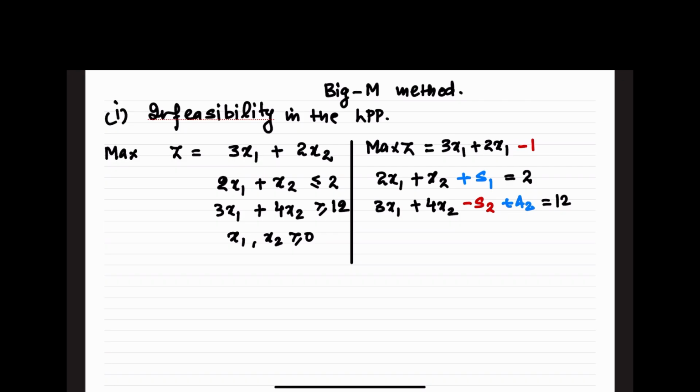So minus M into a2, minus, because the problem is a maximization, so that is why we put a minus. The variables xi's are non-negative, si's are non-negative, a2 is non-negative, M is positive, tending towards infinity. This is for all i.